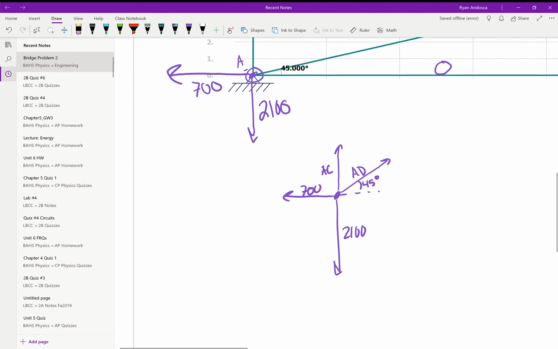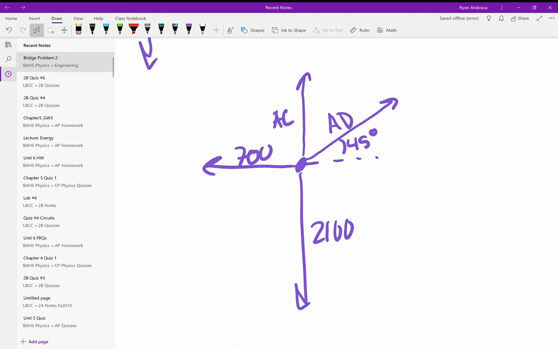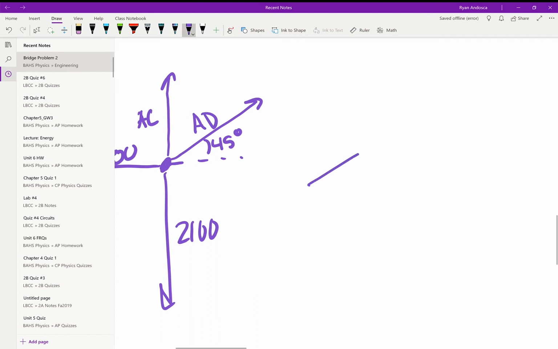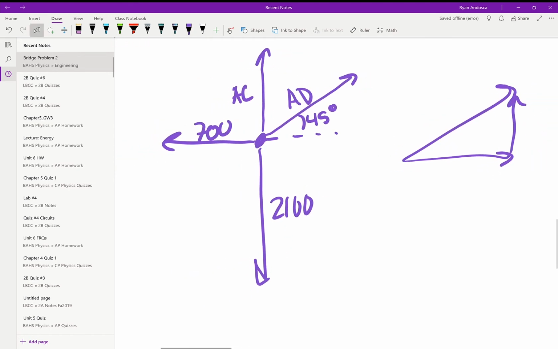Okay, so now if we look at this carefully, there's only one force that's drawn that could be canceling this 700, and that is this unknown AD. So that means that if I were to break AD down into a rightward force and an upward force, its rightward force needs to cancel 700, which makes it obviously 700.